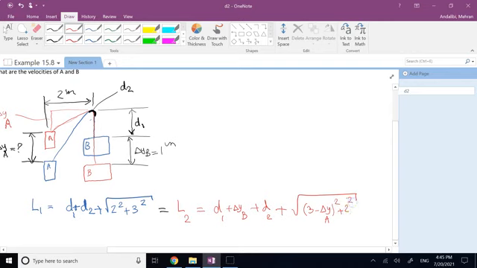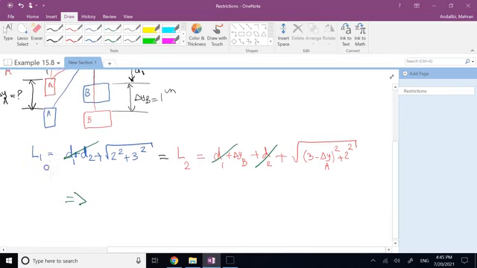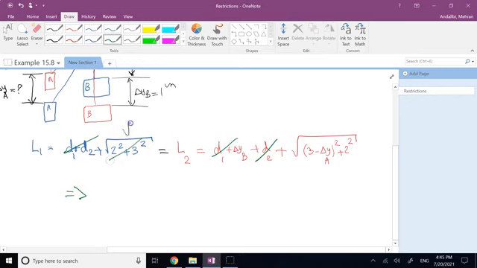So this is what you have. And again, they have to be equal. So the D1 and D2, you can get rid of them on the two sides. And from here, you can see that this is going to be square root 13, right? And you'll see that your delta Y of B, correct?